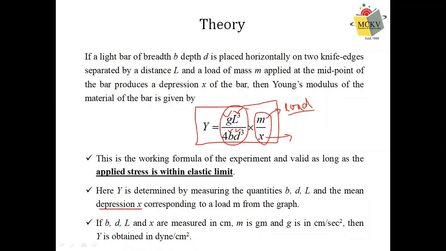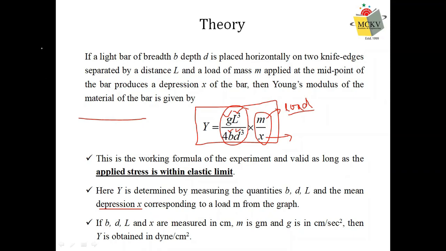What depression? Please understand, if this is the bar, if this is the iron bar and this is zero load, nothing is hanged from this bar. Now, I showed you the traveling microscope. You would be using that traveling microscope to find this out.